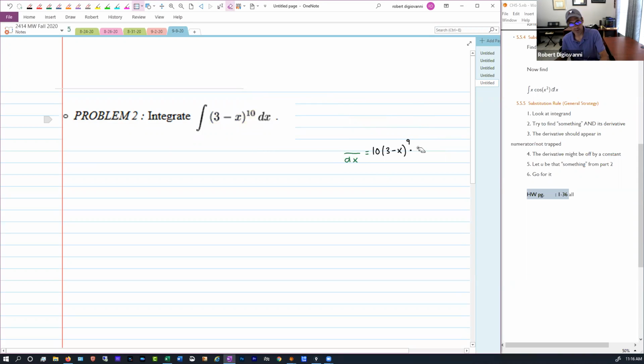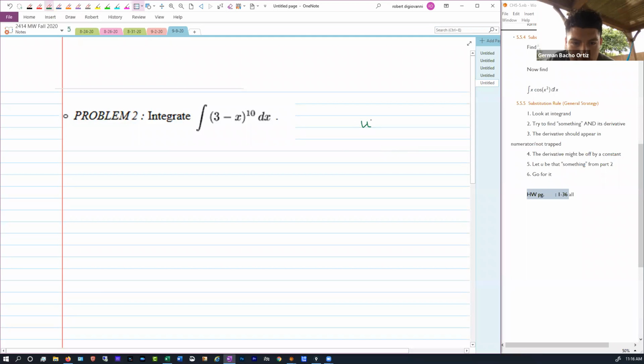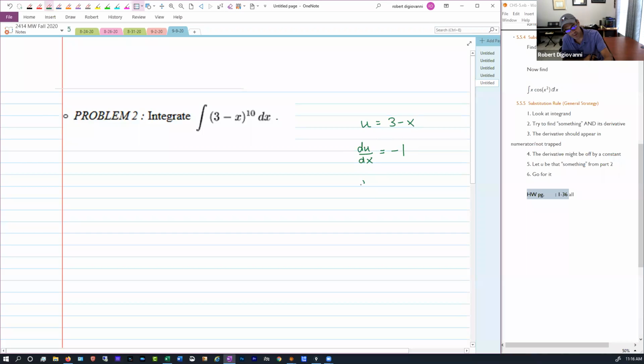So German, I'm going to let you try again. Pick something else. Just 3 minus x. Yeah, let's just go with 3 minus x. Now, German, as you're picking u to be 3 minus x, what's the derivative of that? -1, right? And now I'm going to do that step where I multiply both sides by dx. So now you're calling the 3 minus x your u, so that yellow part's off the table.